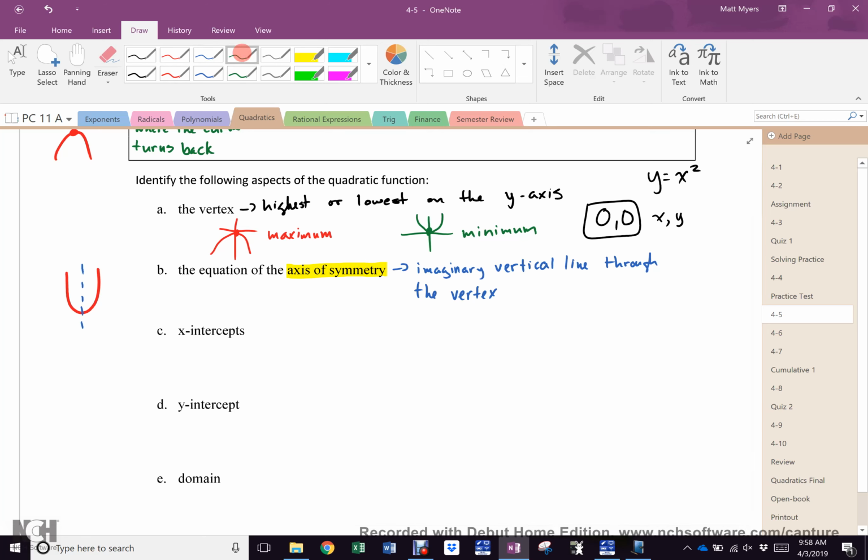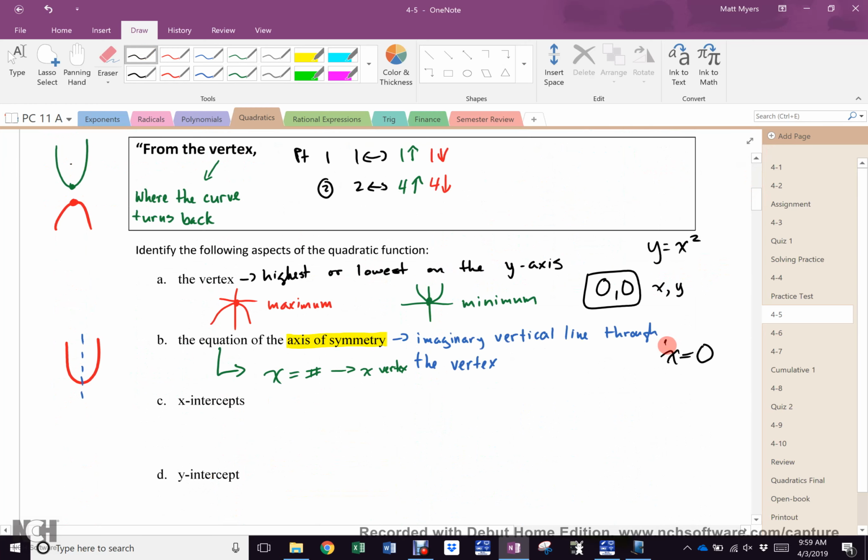But the equation of the axis of symmetry is x equals a number. And that number is the x in the vertex. Everybody cool? So in our most easy parabola ever, the axis of symmetry is x equals 0.